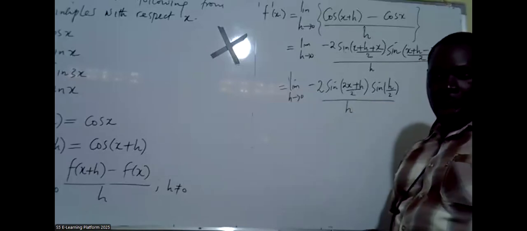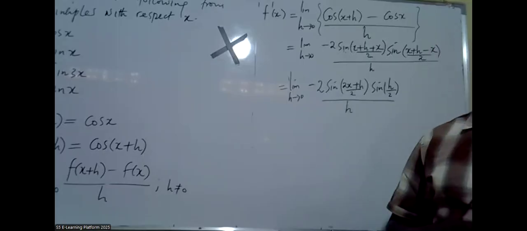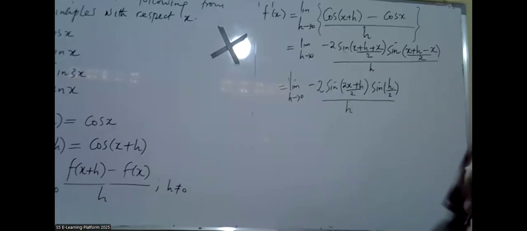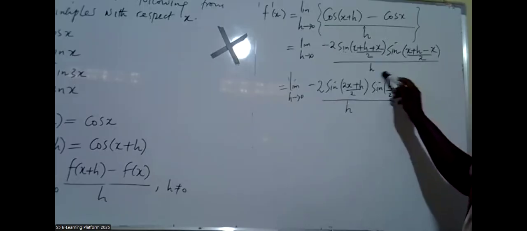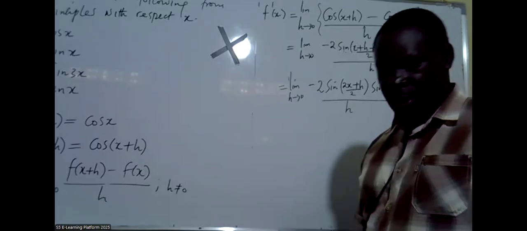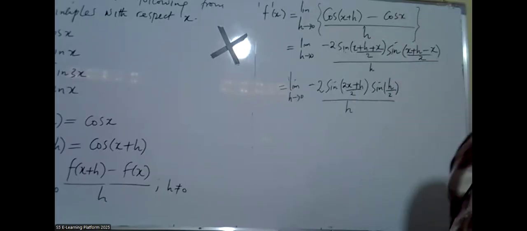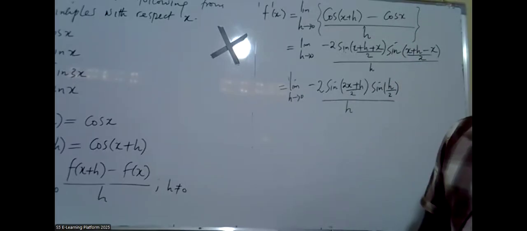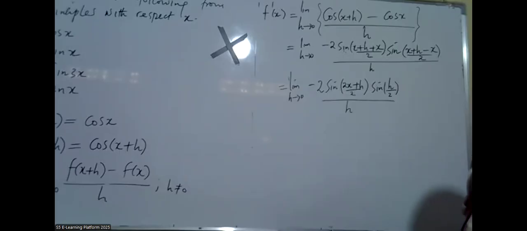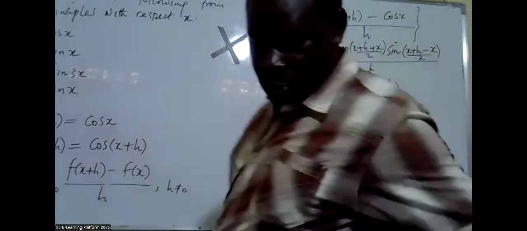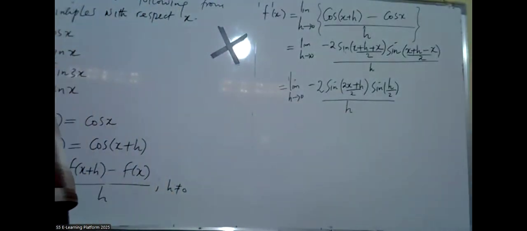Now at that point, that is when we bring in our approximations. Why? Because we are seeing a sine of h over 2, and we said h is a small angle measured in radians. Therefore, using our approximations, sine h over 2 will be approximately equal to, somebody will tell us in the comment section, what does sine h over 2 become approximately equal to?